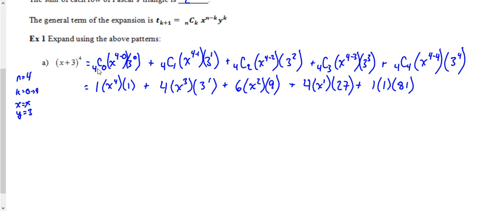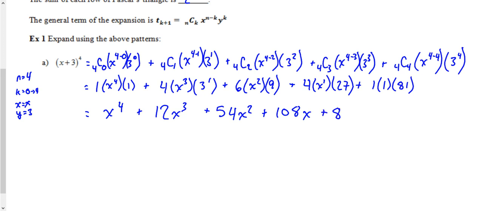There we go. Here, do all your multiplication together, so we have x exponent 4 plus 12x exponent 3, plus 54 x squared plus 108 x's, and last but not least, plus 81.